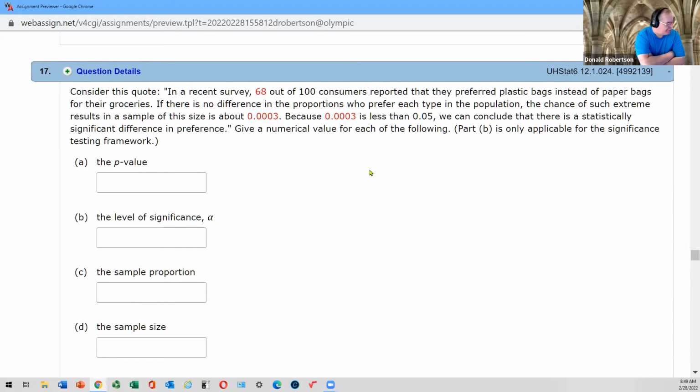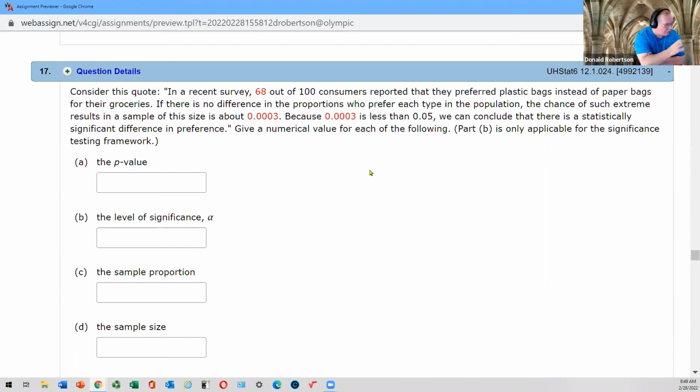If there is no difference in the proportion who prefer each, the chance of such an extreme result happening by randomness is about 0.0003. Because 0.0003 is less than the significance level, they didn't say it, but I know that's what it is, 0.05, we can conclude that there is a statistically significant difference in people's preferences.